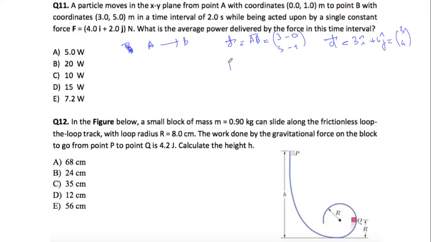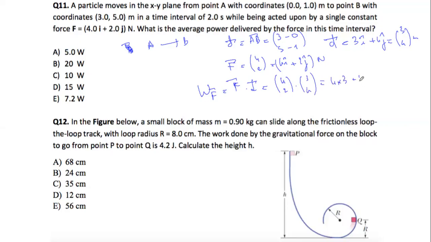And then I give you the force. The force in unit vector notation is 4 i hat plus 2 j hat. Displacement is in meter, of course. The force is in Newton, of course. So the net work, or the work done by the force, is F dot d. So it will be a dot product of 4, 2 with 3, 4.